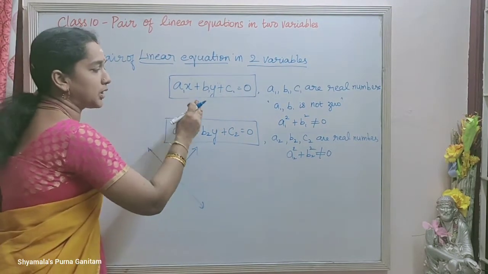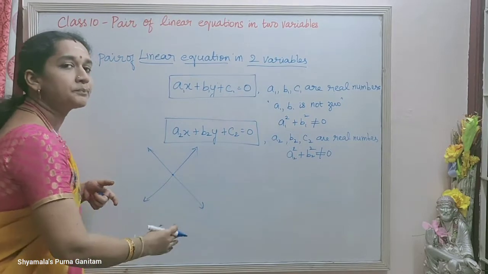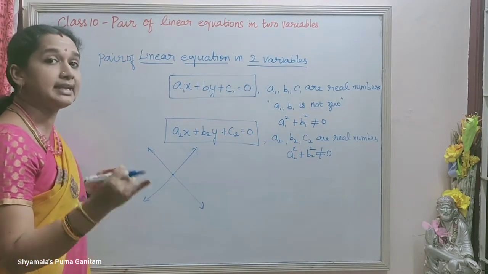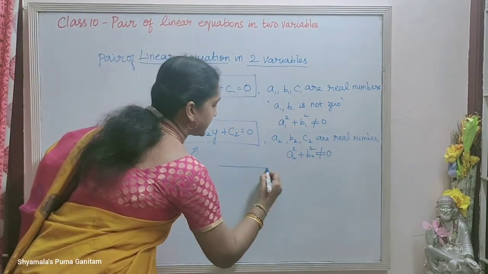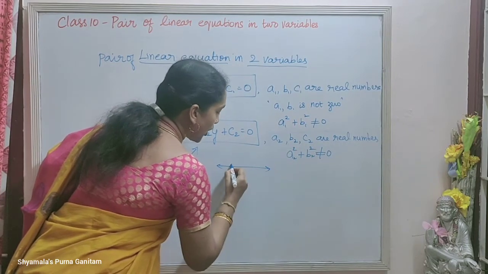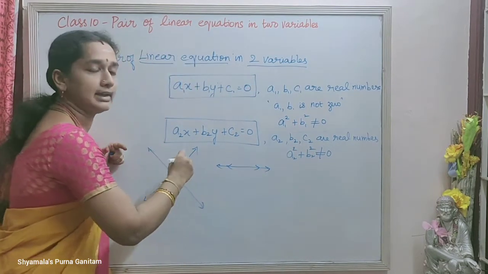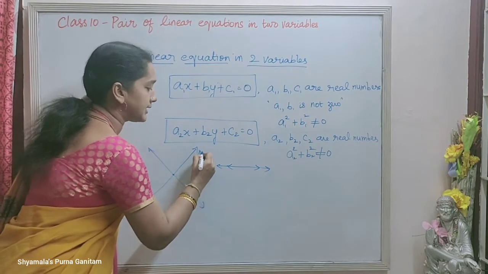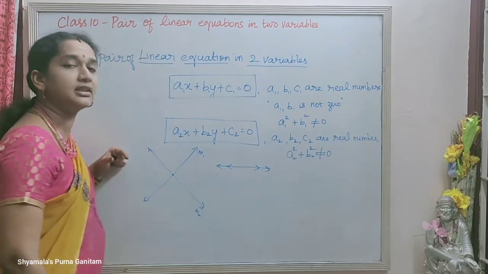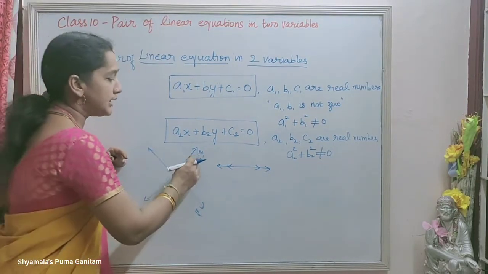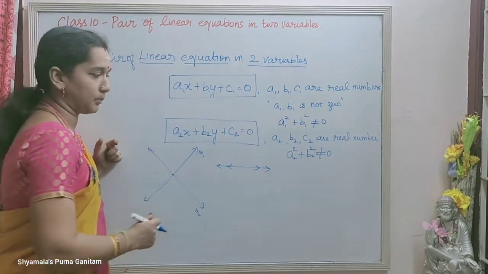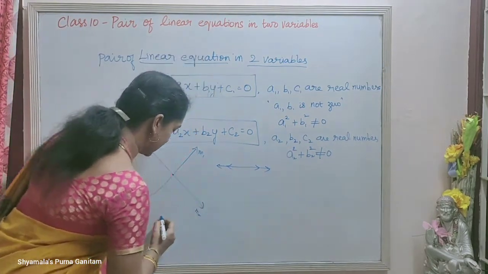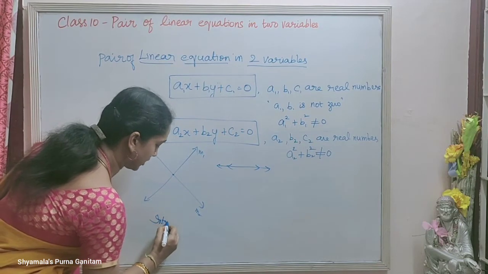So when you solve this one and this one, you will get one type of line, intersecting lines. Taking these two lines as M1 and M2, M1 and M2 intersect at one point.